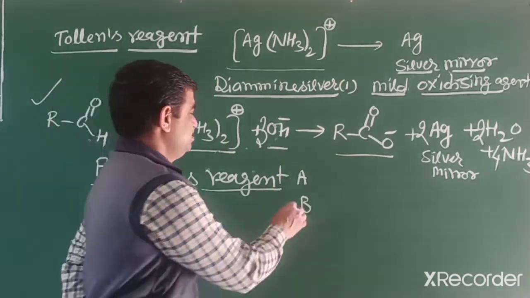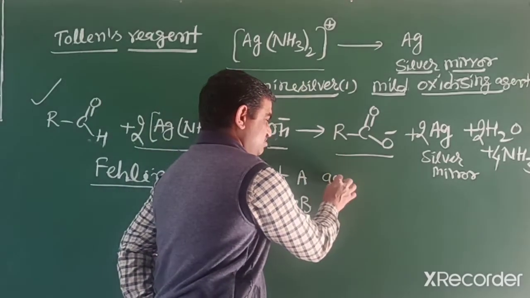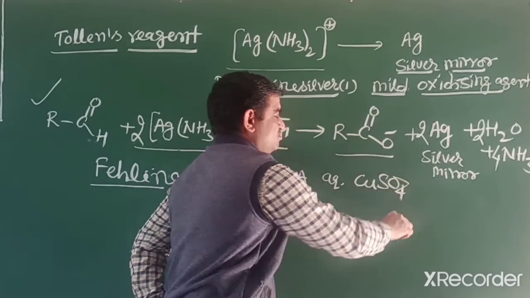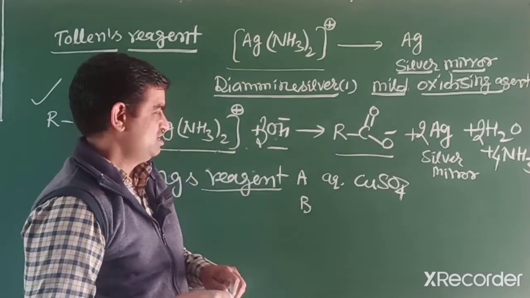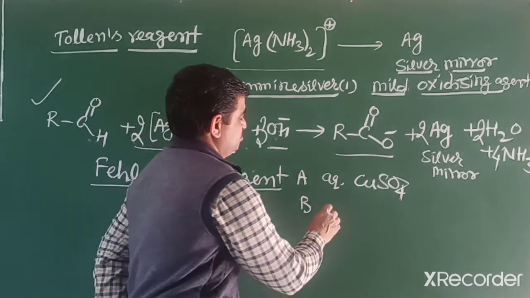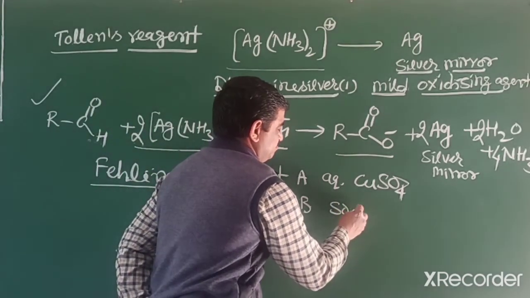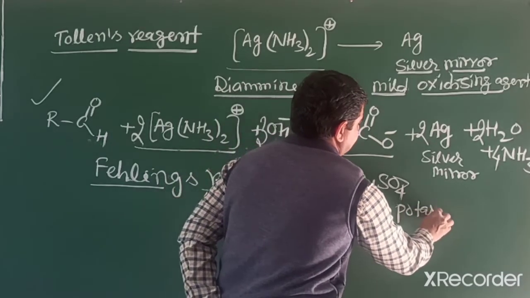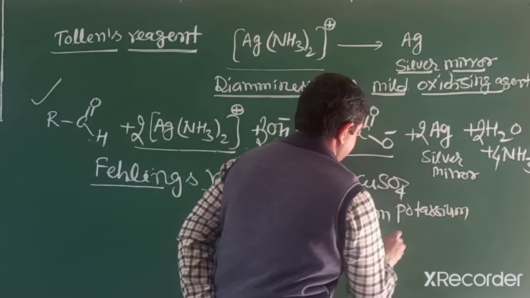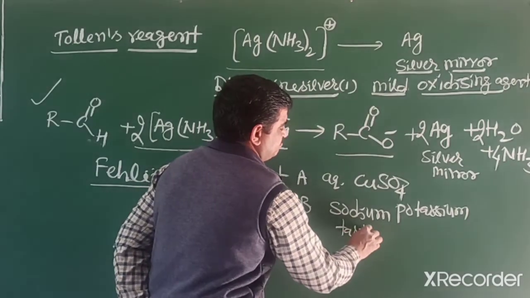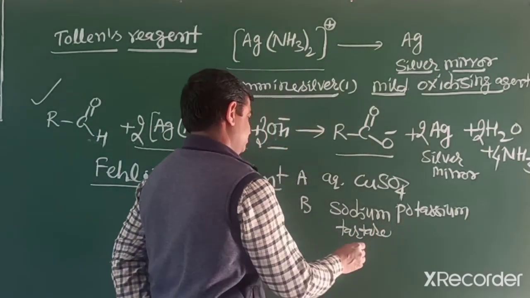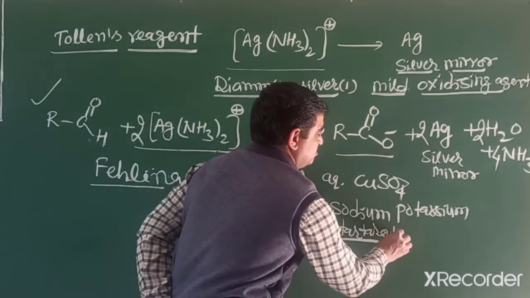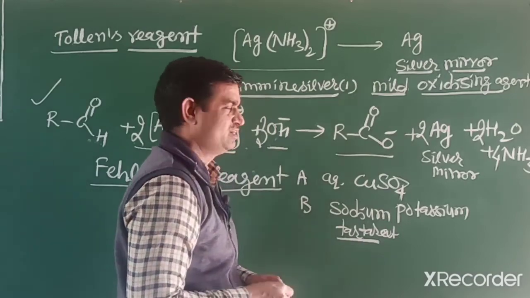Fehling's reagent A is aqueous copper sulfate, and Fehling's solution B is sodium potassium tartrate, a salt of tartaric acid.